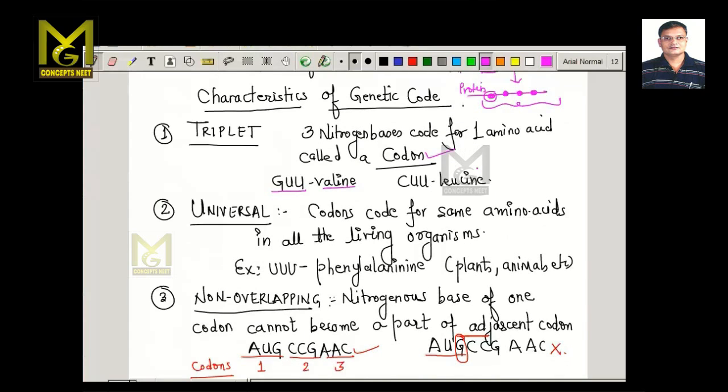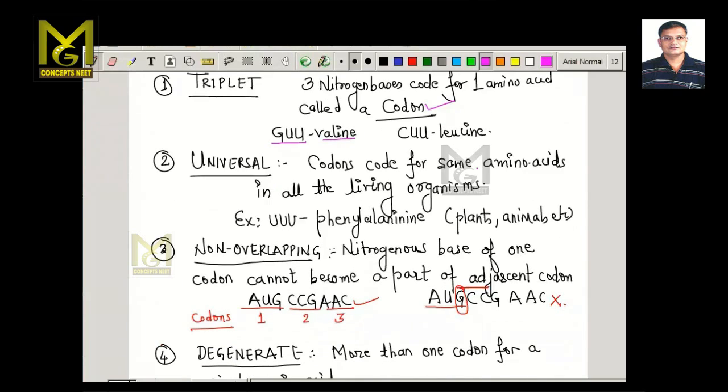The second characteristic feature of the genetic code is that it is universal in nature. What do you mean by universal in nature? If you look at UUU as a code, this codes for phenylalanine. This is the codon, and this is the amino acid to which it codes.